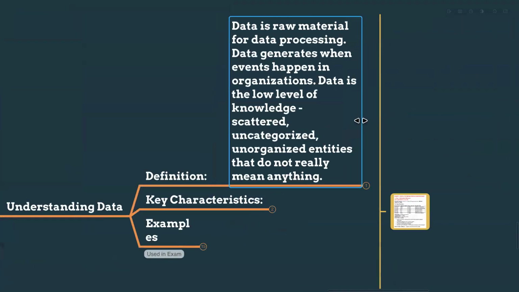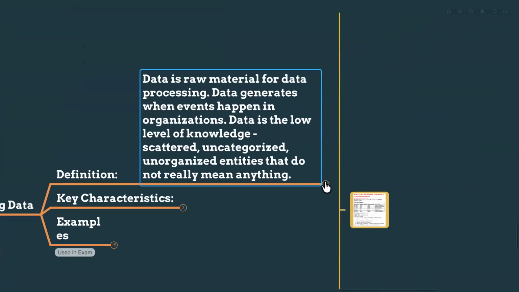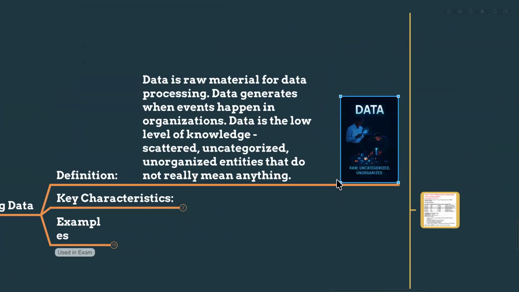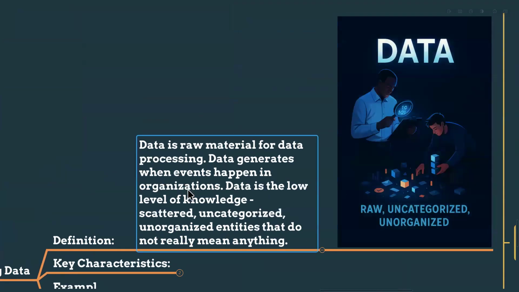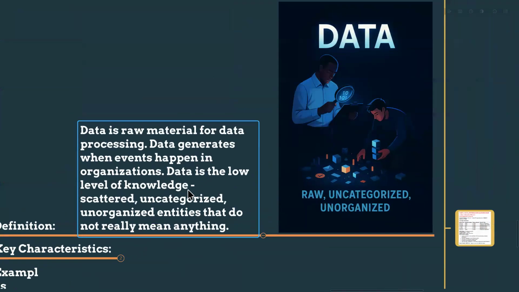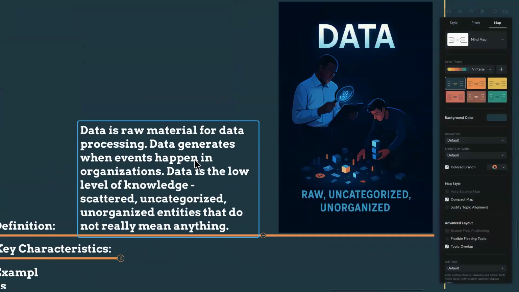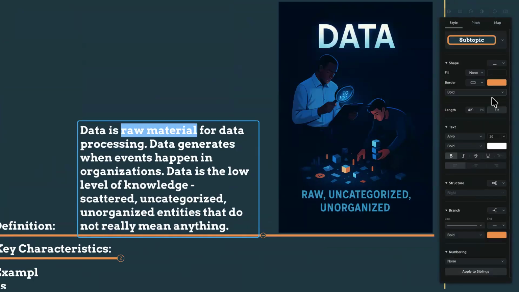This is the proper definition of data, right? You can see the definition, my dears, here. And for a more pictorial understanding, you can see the picture also. So data is a raw material for data processing. An important word here is raw material. Raw material in the sense means what?